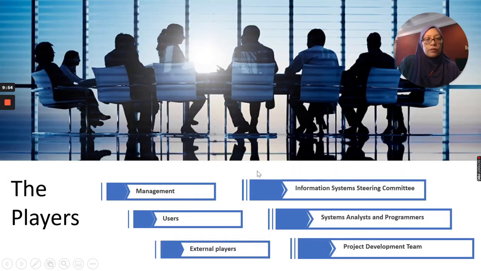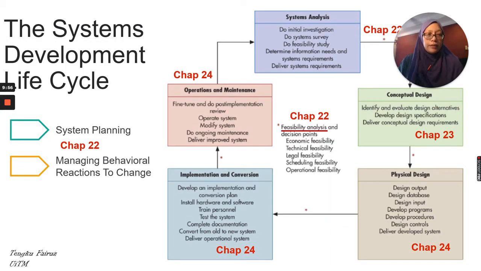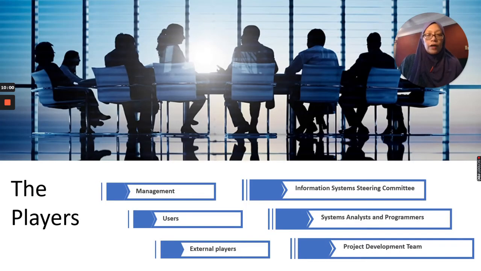So those are basically the phases that we're going to discuss later. Then, who are the players involved in the system development? If you refer to the textbook, they discuss a number of people involved in the system development. The first one is the management.